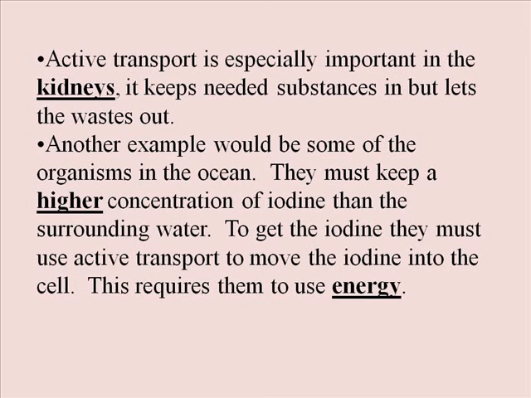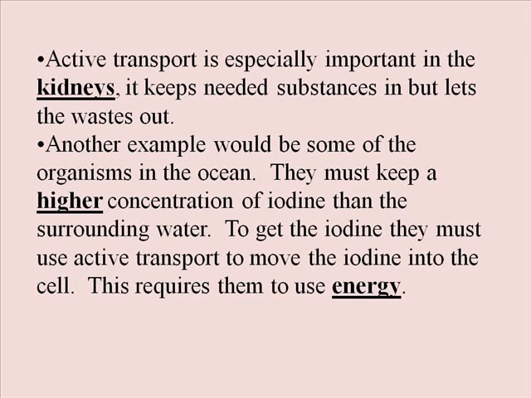A couple of examples where active transport happens in living things. The first is inside of our kidneys. I talked about how waste product diffuses out of our cells into our bloodstream so that it can be filtered out.